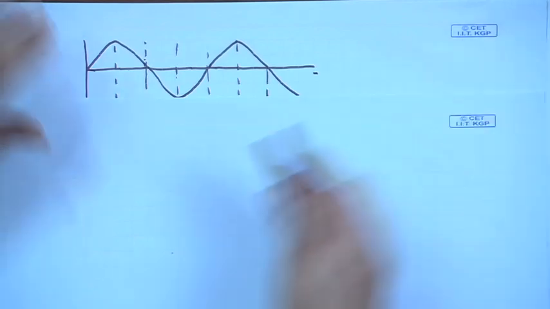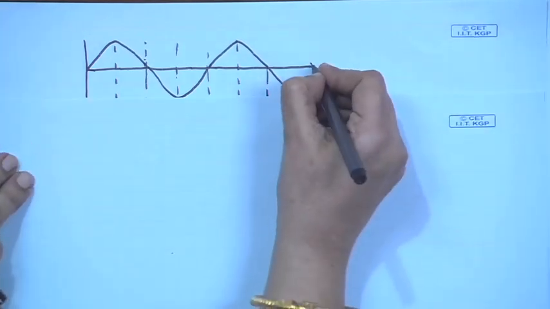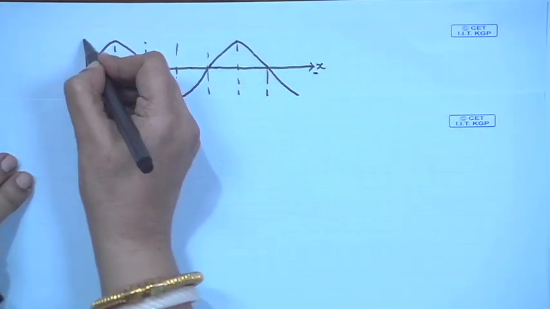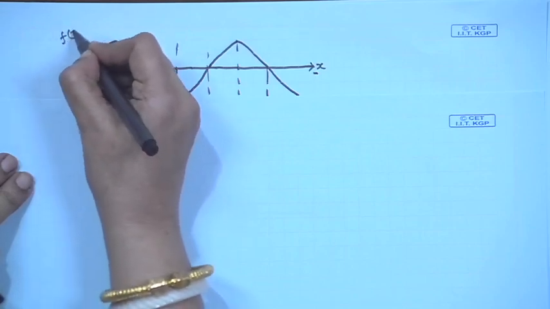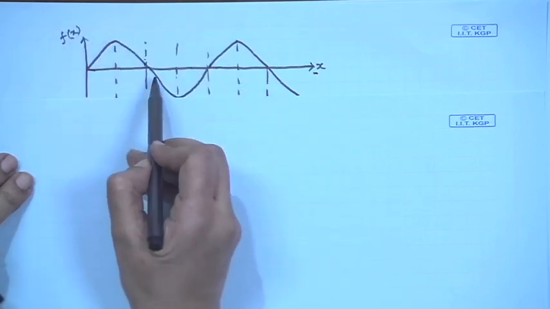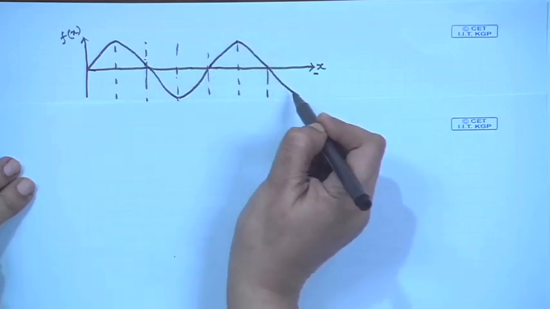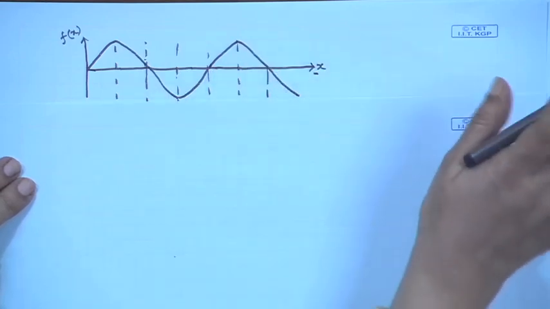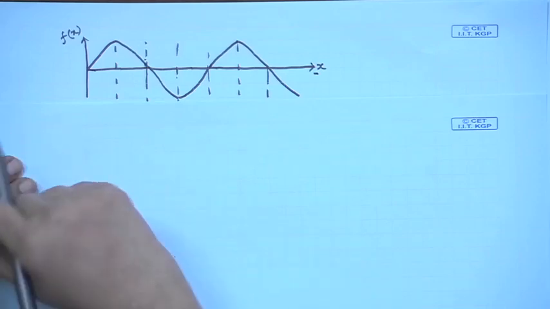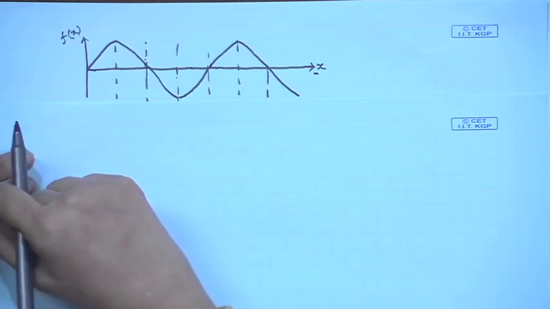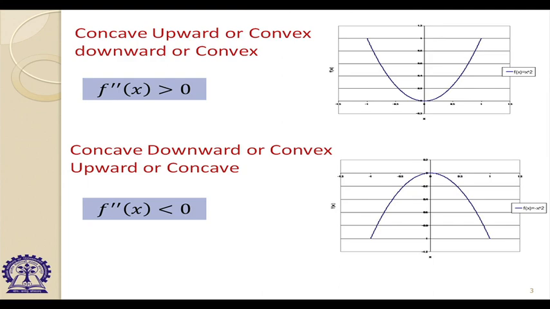The nature of the function is a combination of concave and convex parts. This is the concave part, this is the convex part, again the concave part, as if the function is moving like this. You see, it is given that for the concave part the second order derivative is less than 0.